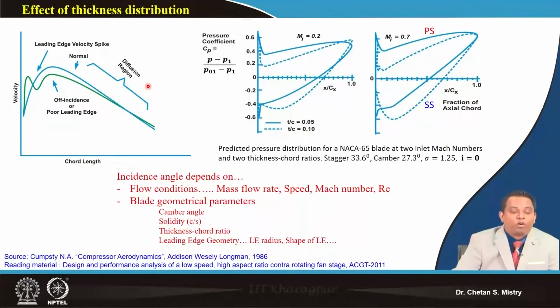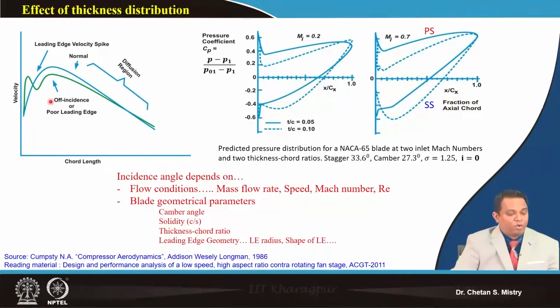Now, because of some change in the geometry at the leading edge, that may be because of fabrication error, deposition of foreign particles, or striking of a bird or some foreign object, it will be modifying the shape of the leading edge, and you can say it is working under off-design condition. So we need to be very careful about the shape of the leading edge for our compressor.